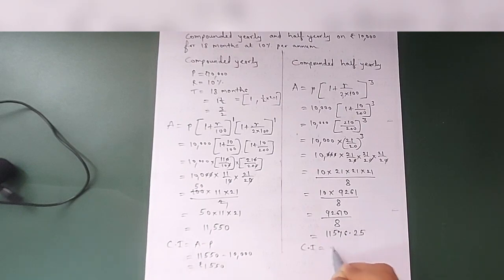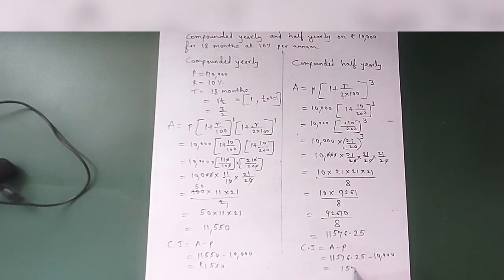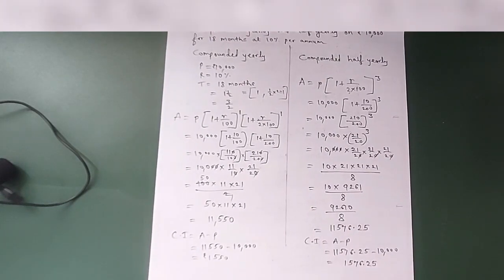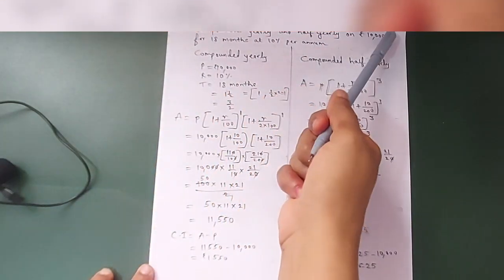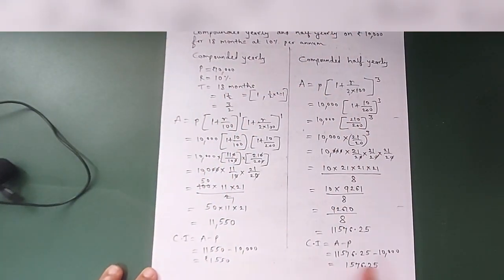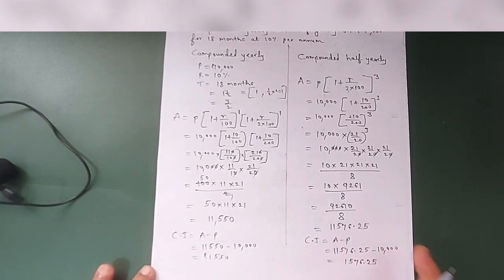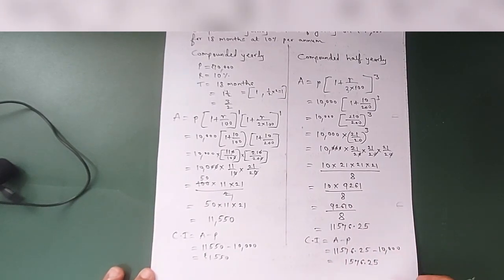And here also CI is equal to A minus P. What is your amount? 11,576.25 minus what is the principal? 10,000 is equal to what answer you will get? 1,576.25. Okay, now why have we done this? Because they want to find the difference between the compound interests. Now both the compound interests you got, now the difference between them you have to find out.